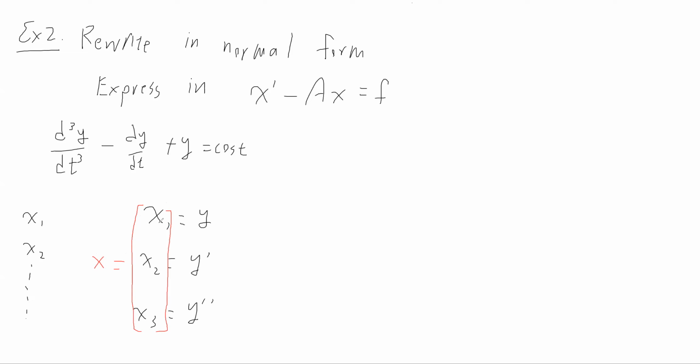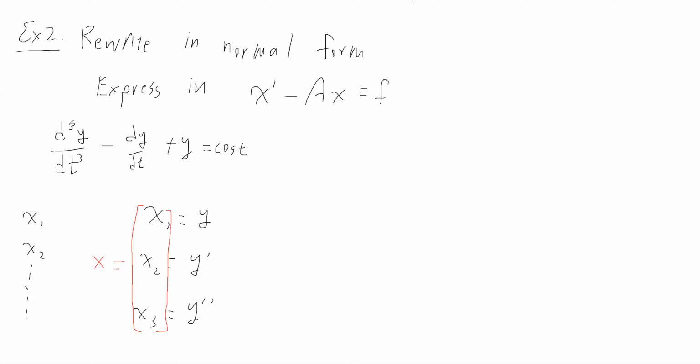When we look at x prime, that means we're taking the derivative of x1, x2 and x3. And when we take x3 prime, that means we're taking the derivative of y double prime, which will give us y triple prime. Okay, so that is going to work out, trust me.